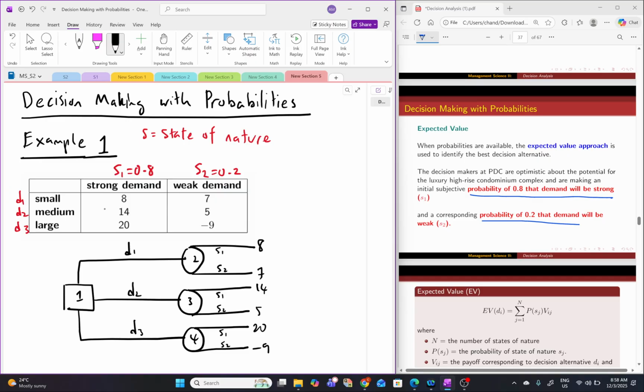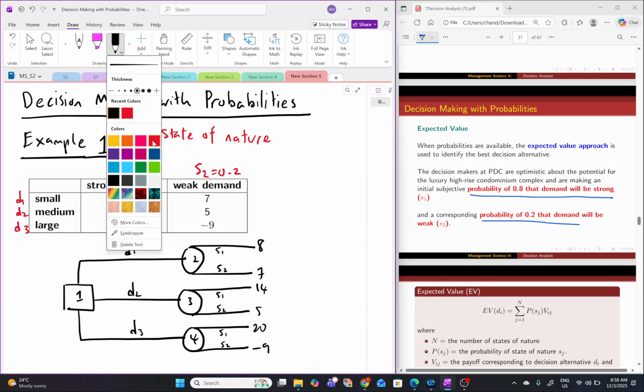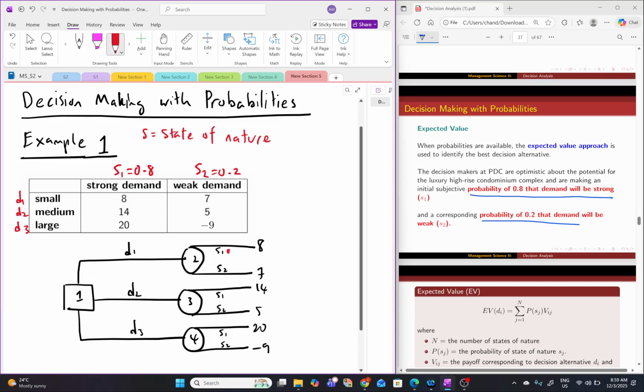Now to make your life easy, you can also write here S1 is 0.8, this is 0.2, 0.8, 0.2, 0.8, 0.2.